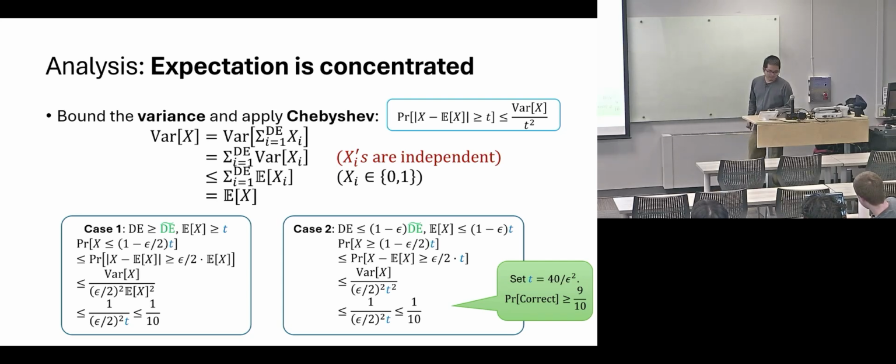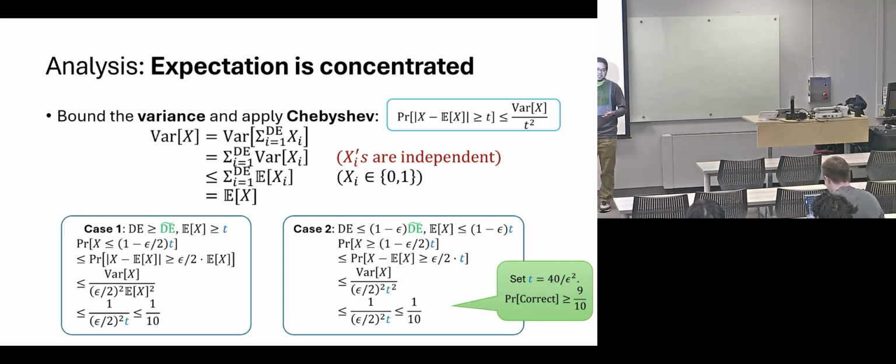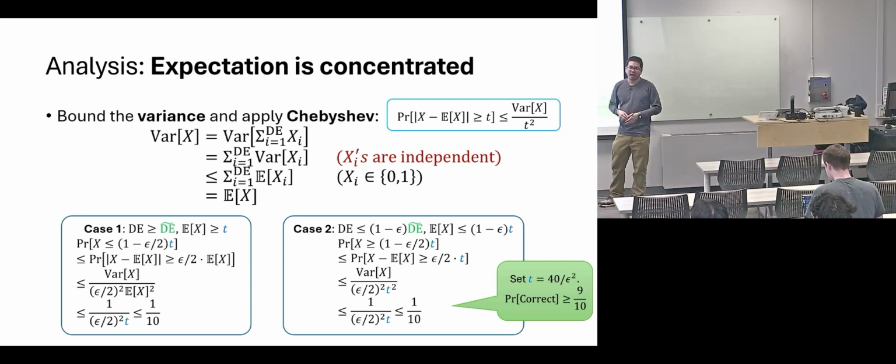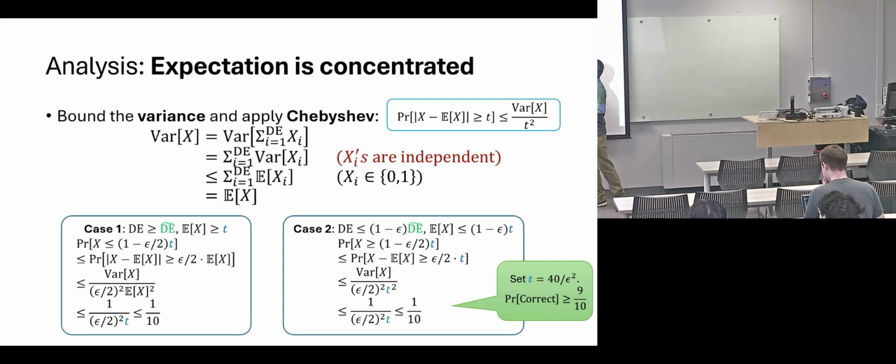Okay. The point is not the calculation. The point is the strategy. When you approach this, try to bound the variance and apply Chebyshev, so that you see that your random variable doesn't deviate from expectation too much, and you can reduce the probability of deviation as much as you can just by setting t to be big.